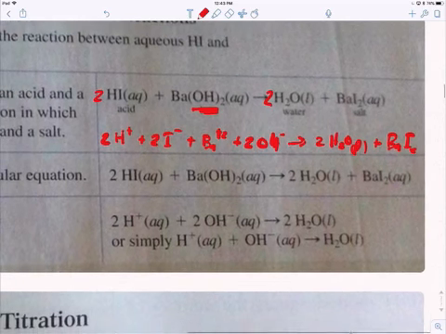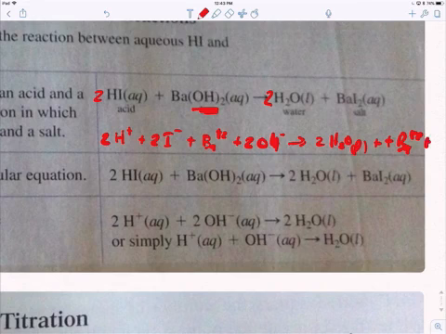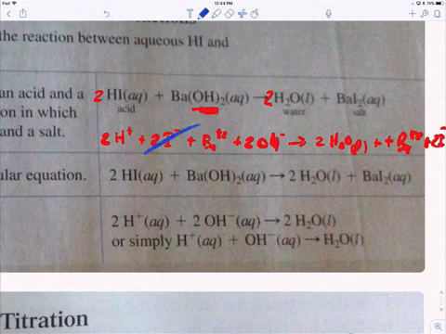But what else is happening? Actually, I'll do the complete ionic, sorry. I should keep this complete ionic. Plus barium plus 2I minus. And do we have spectator ions? Yes, we do. We have iodines here. We have barium there.